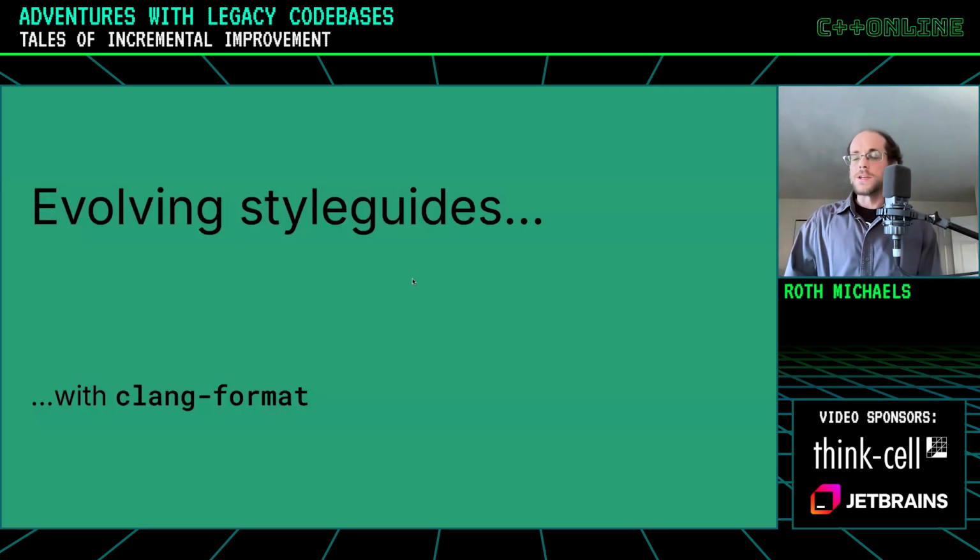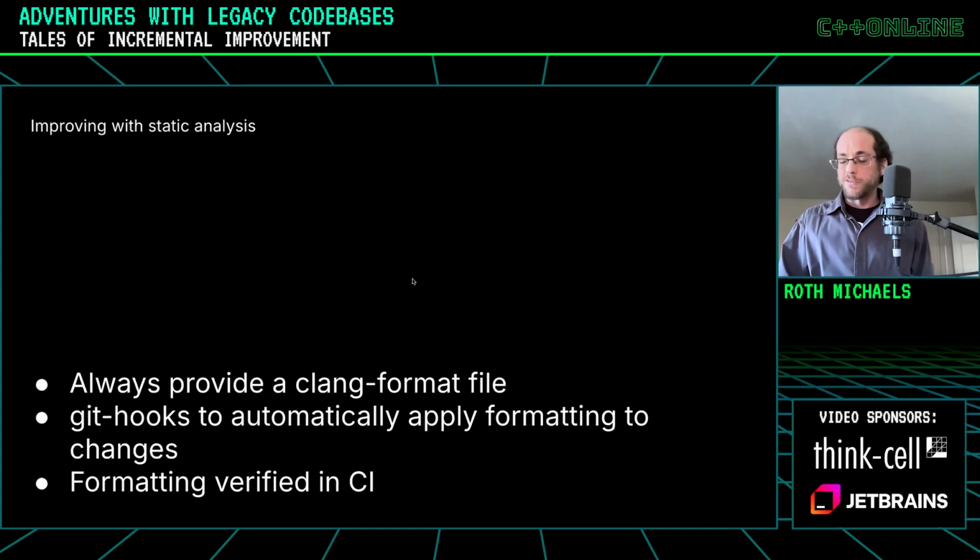So let's talk about some successful strategies for slowly evolving and improving your code base. One of them is involving style guides, and in C++, clang-format is your tool for that. My recommendation is to always provide a clang-format file.